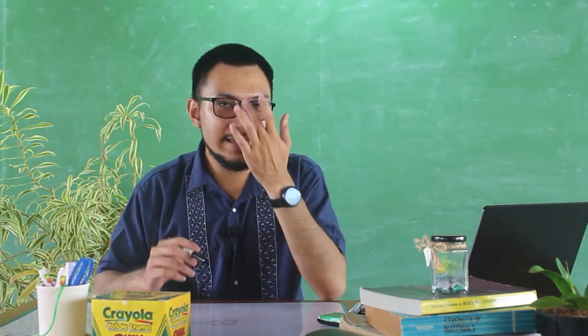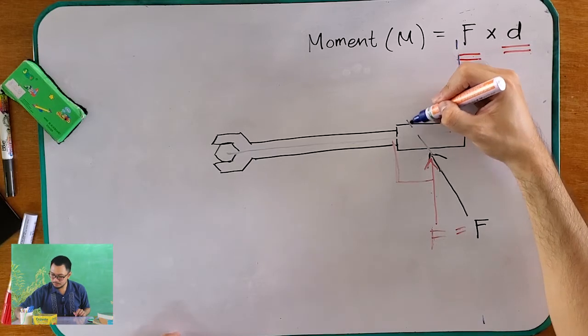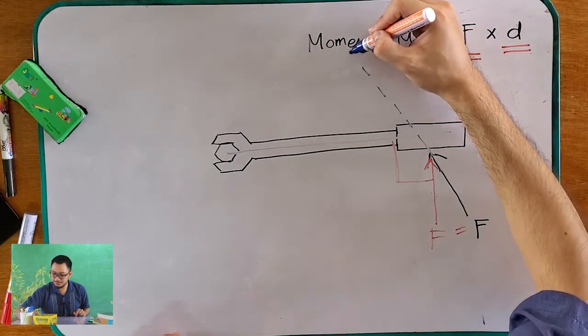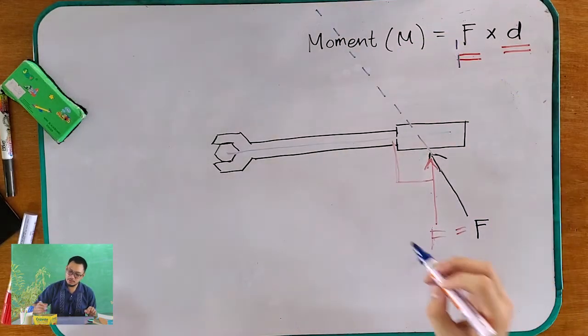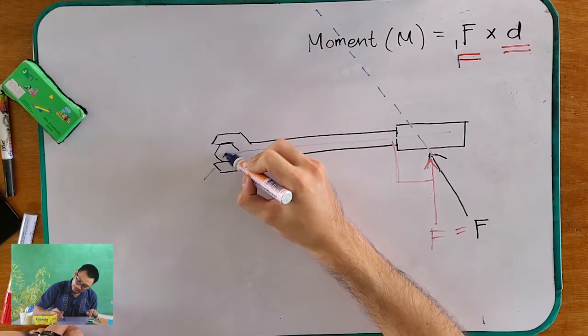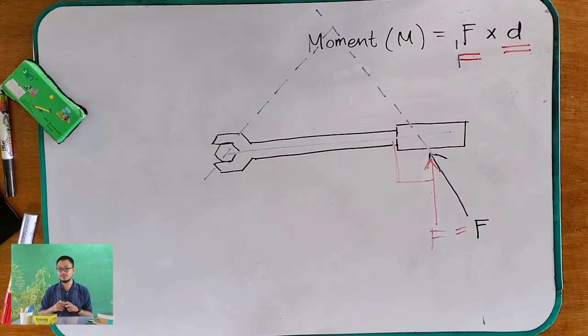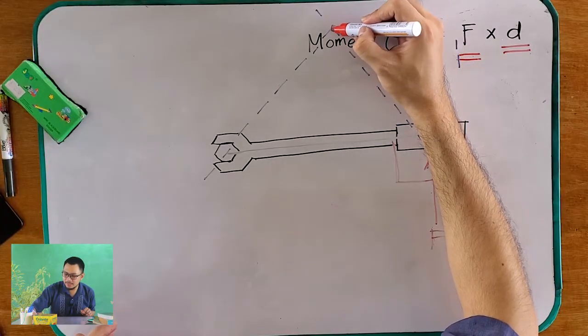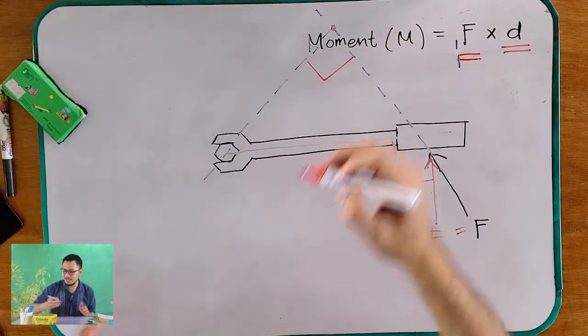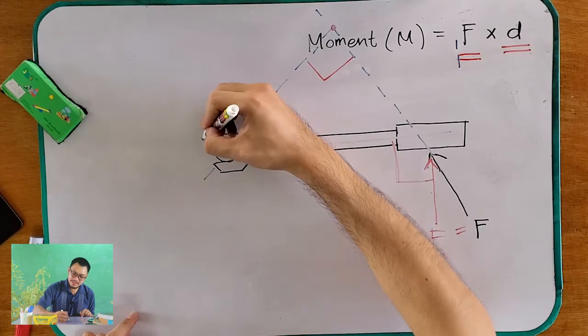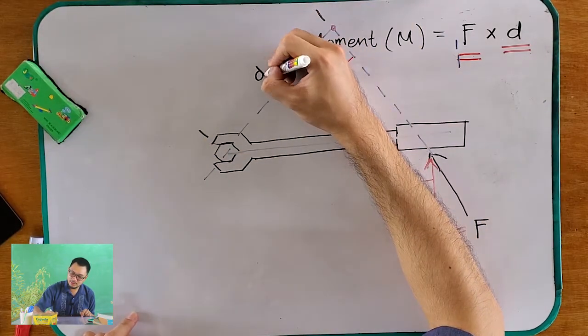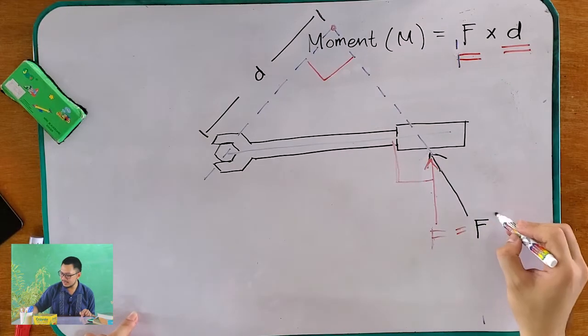So what you have to do is determine the point where the two are perpendicular. Which point? Extend this straight. Then we make a line here that should be perpendicular. It is not a perfect straight line, but let's just say that at this point, it is perpendicular. This is the perpendicular distance of F, and this one here is your moment arm of this force.